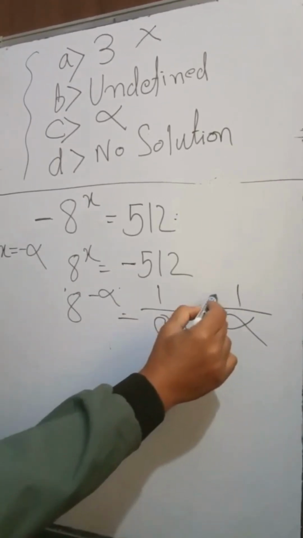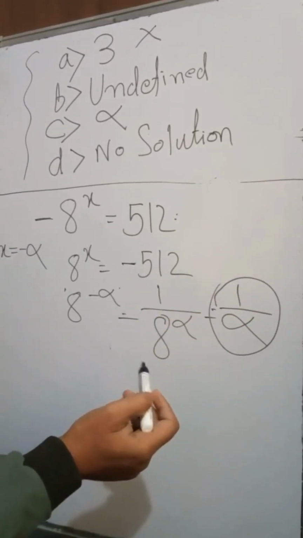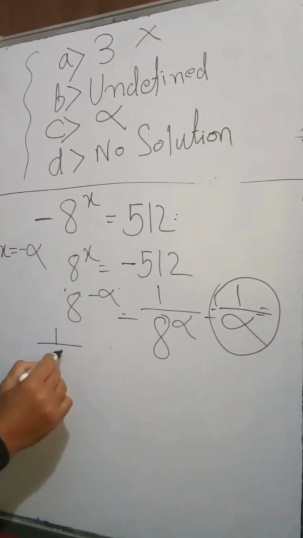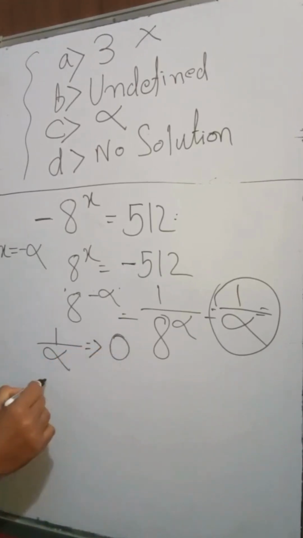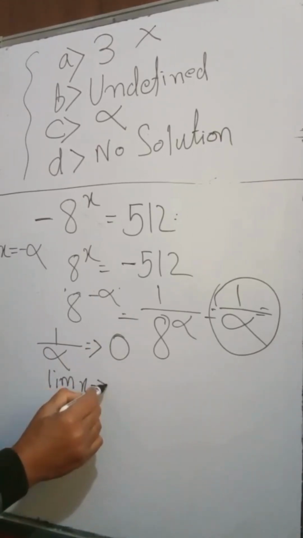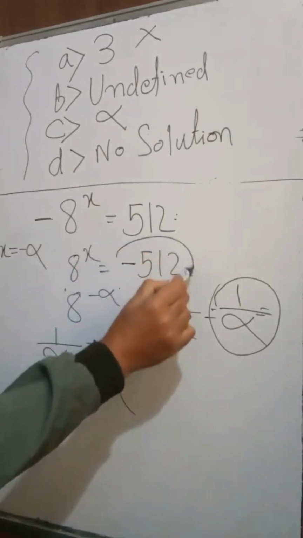Even if this is the solution, if I divide 1 by an infinite number, at most it can go till 0. Let me write it here, 1 by infinity. If we consider the limit as x tends to infinity, in no case can it create a negative number.